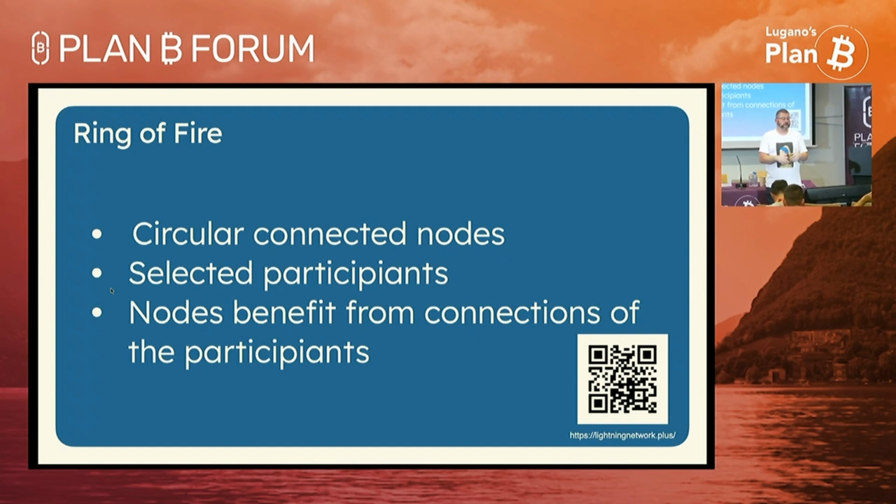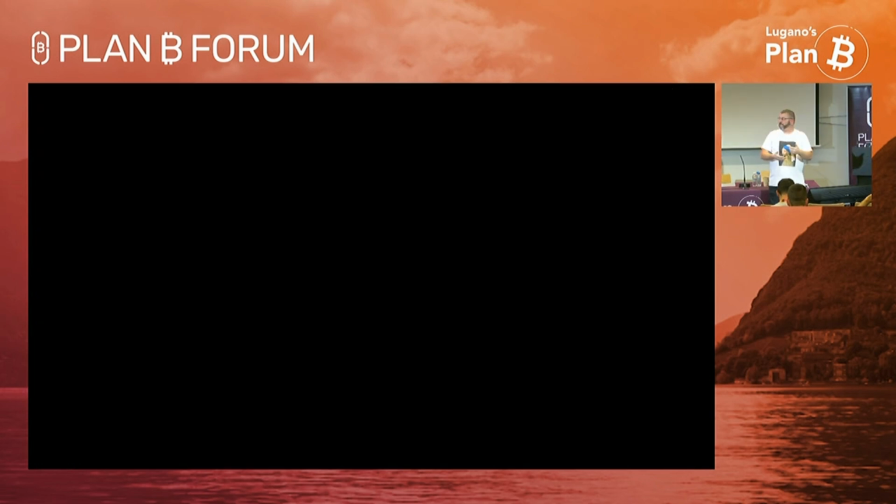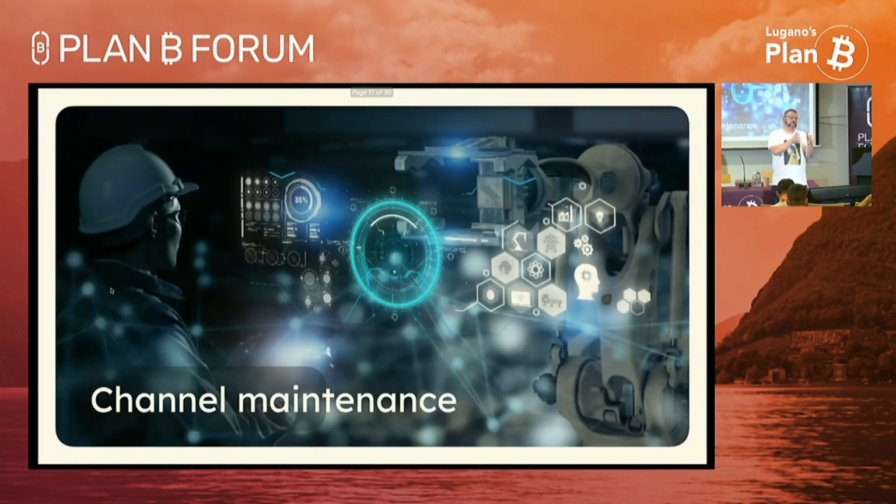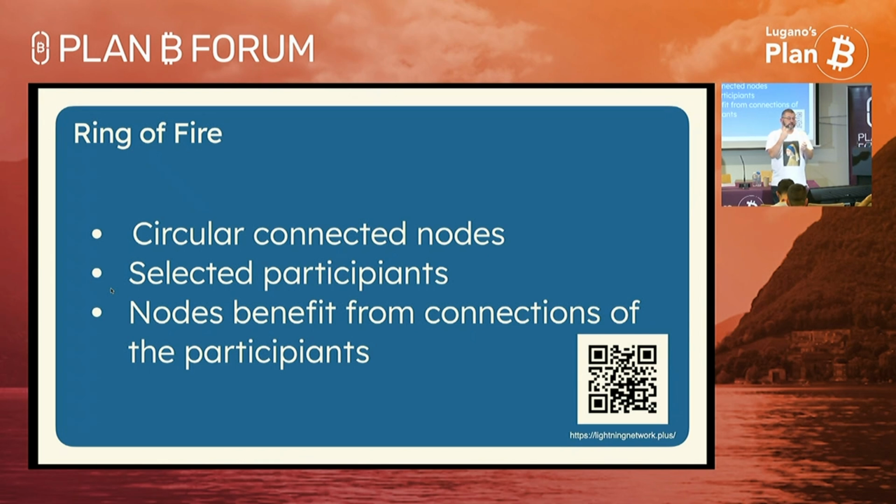There are rings of fire with 500,000 satoshis in a channel, with 7.5 million satoshis, even with 1 or 2 Bitcoin channels, depending on the participants. But you always apply before the ring is formed. Just click on it. And then there is usually a social contract which says, okay, I provide this channel for this amount of time.